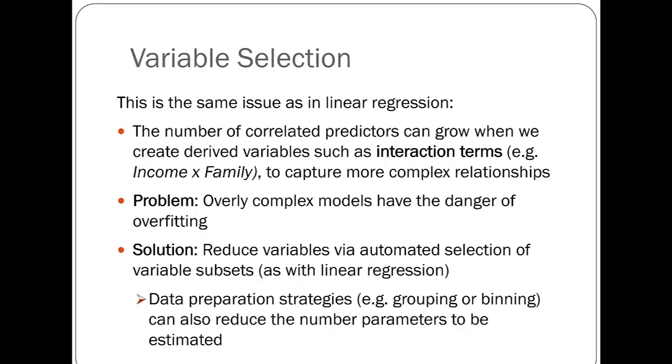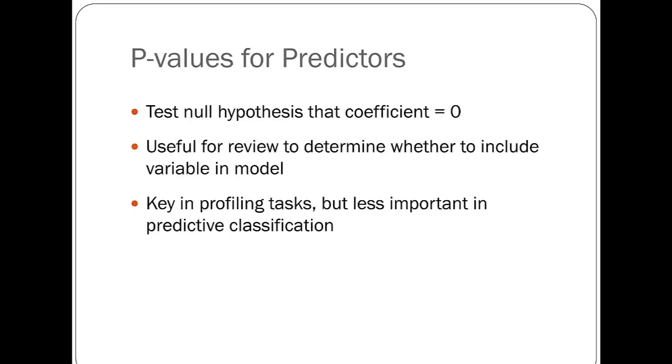We don't want to overfit, and we can do that by keeping our models as small as possible. One good way to do this is to use forward selection, backward elimination, or stepwise selection, and all those are available in JMP, just like with simple or multiple regression.